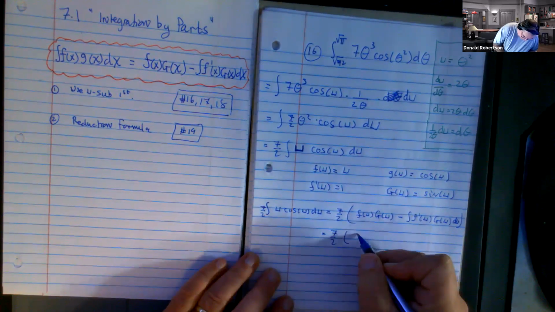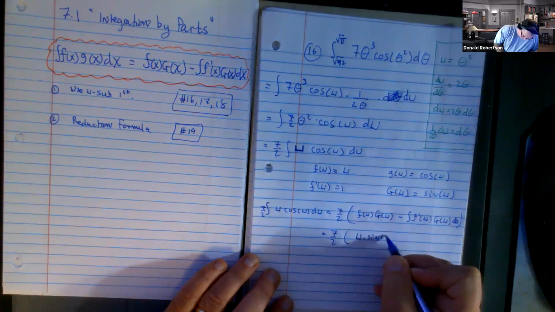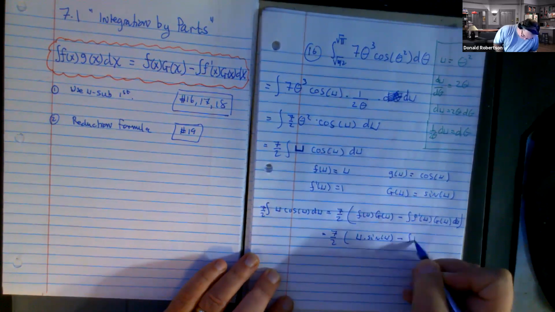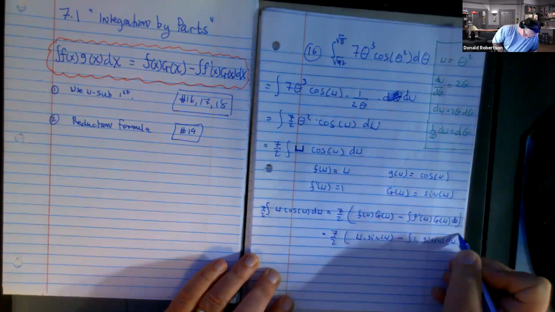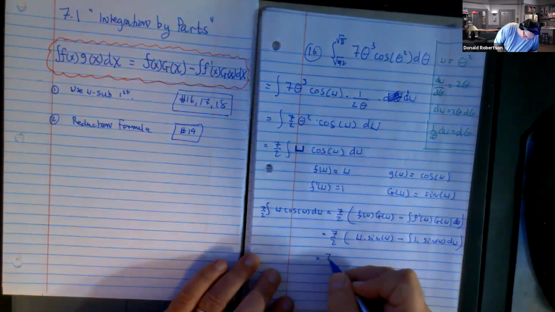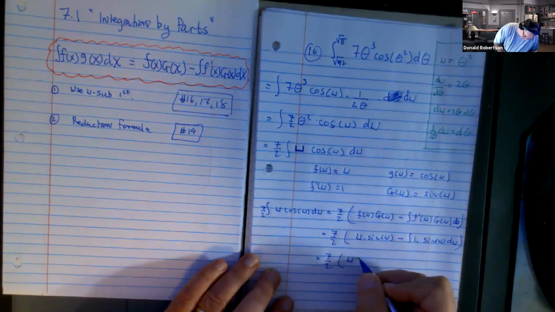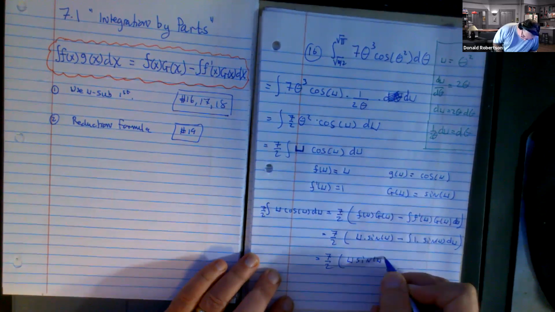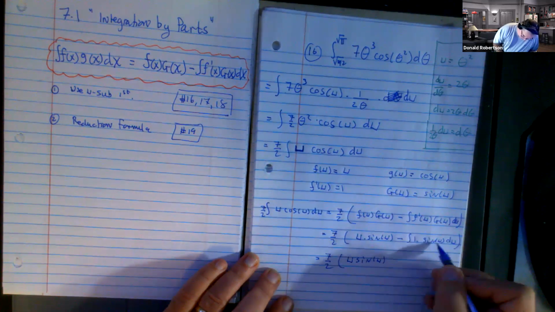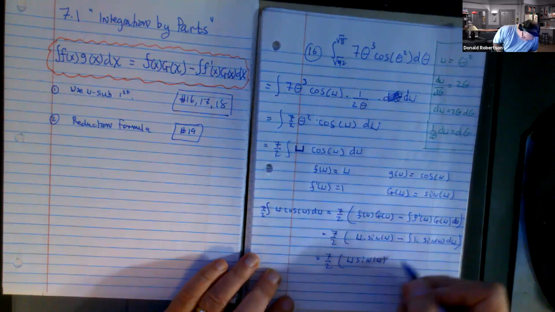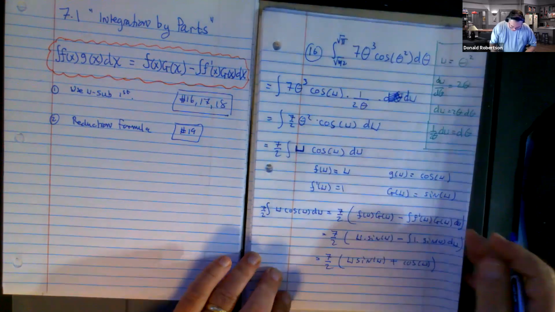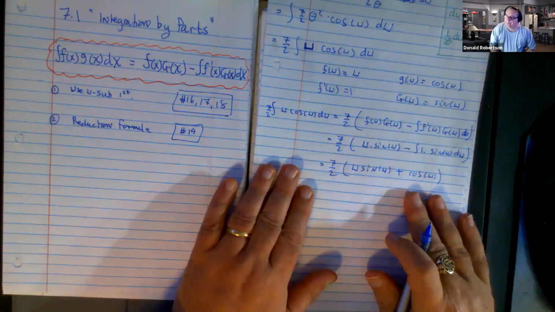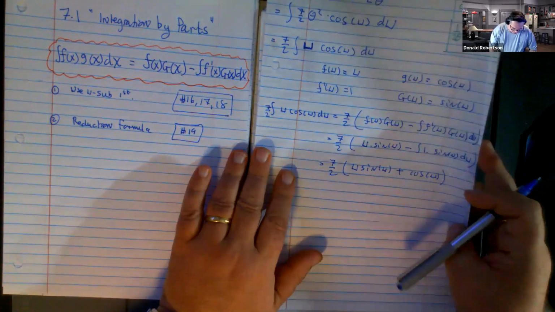It's going to be u sine u, take away the integral of 1 times sine u du. So it's going to be u sine u, and the integral of a sine is a negative cosine. Two negatives make a plus, so we now have cosine of u. Are we happy up to this point? Are we comfortable where everything came from? Right. What should I do next?